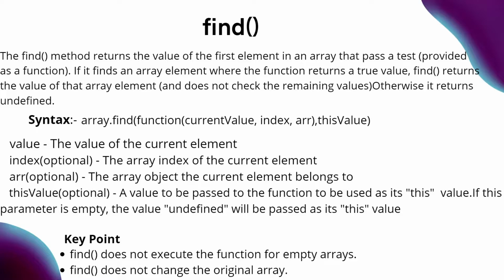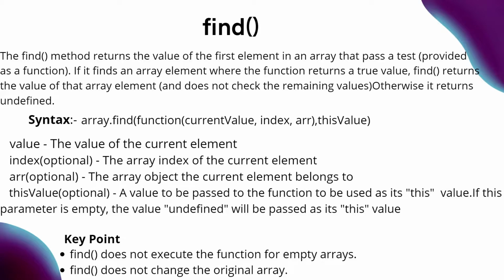If it finds an array element where the function returns a true value, find returns the value of that array element and stops checking the remaining values. If it doesn't find that element, it returns undefined.